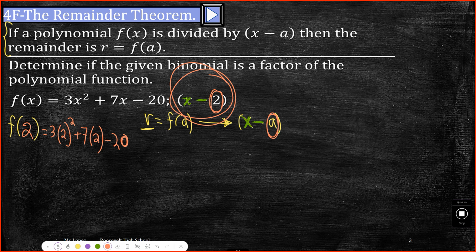This is all now elementary school math. 2 squared is 4. 4 times 3 is 12. 7 times 2 is 14. Minus 20.